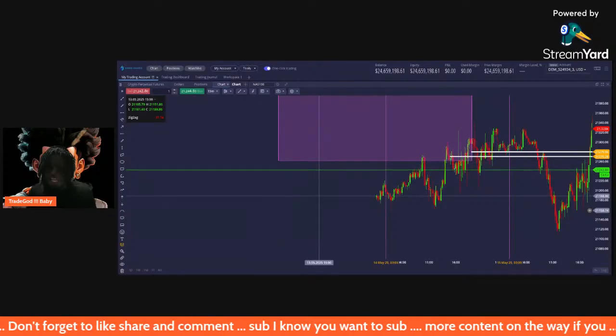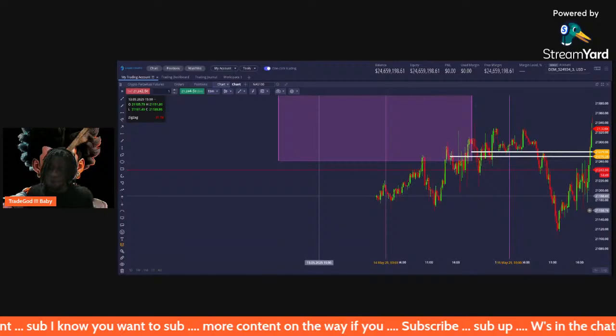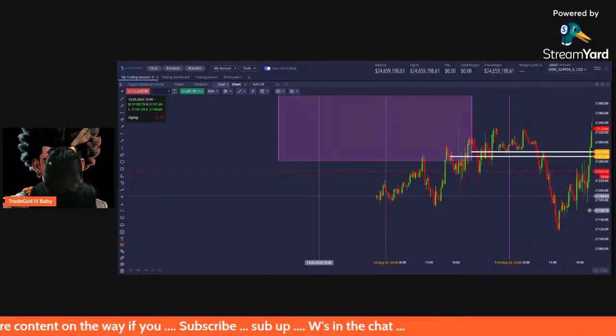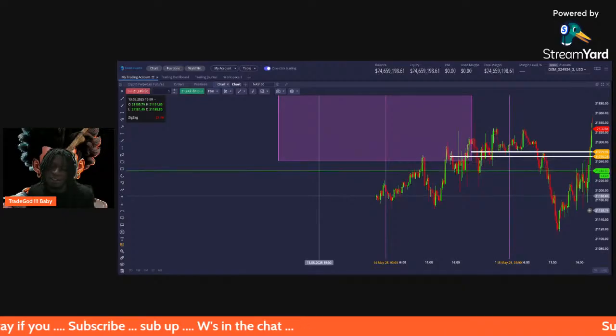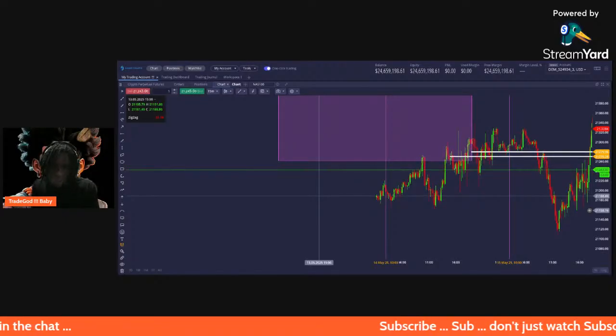And you just use the momentum of the Heikin Ashi to get a high probability setup, so you don't take a lot of drawdown.